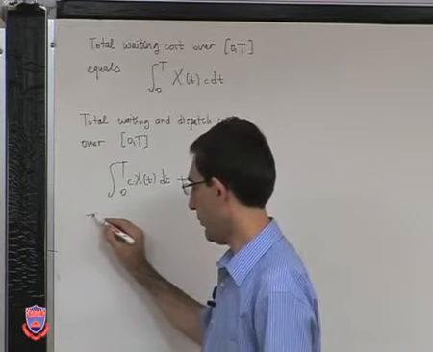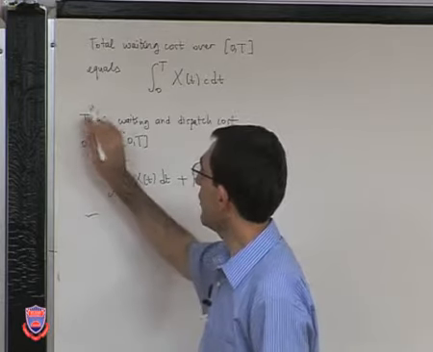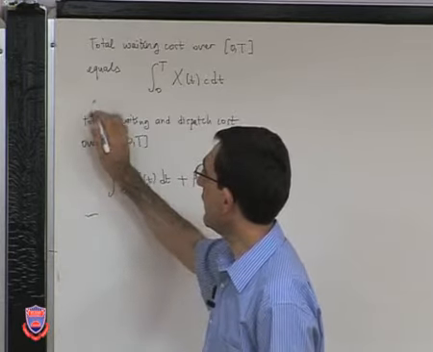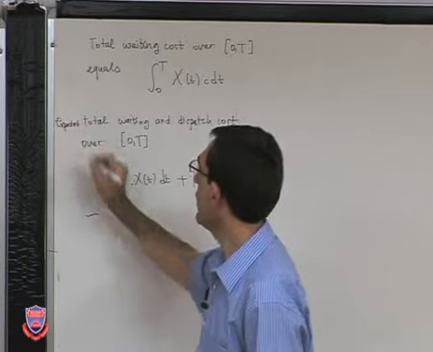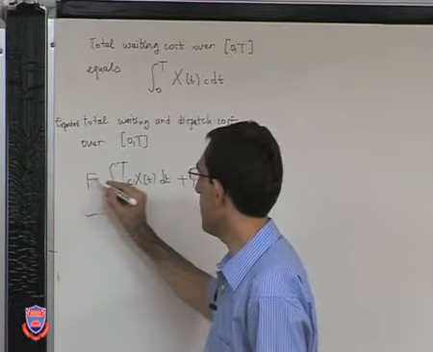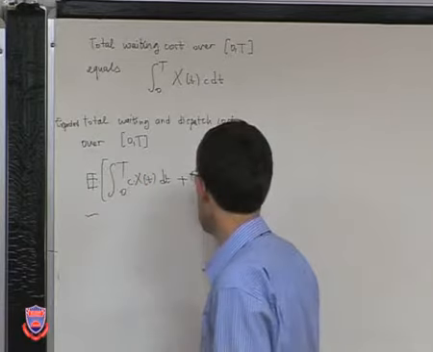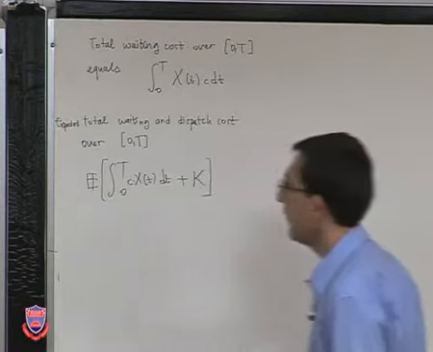And the expected total cost, now we can write that right away here. So the expected total waiting and dispatch cost is then given by the expectation of this.